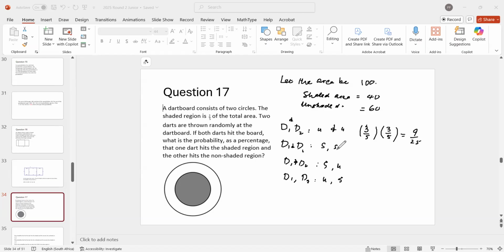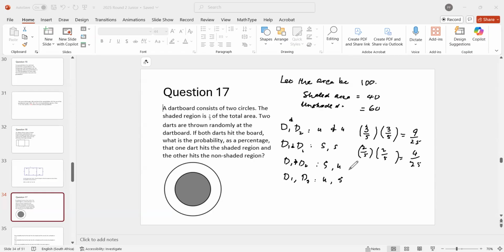All right. For the two shaded regions, it'll have to be 2/5. For the first dot to hit the shaded region, the probability is 2/5 of the time. And for the second dot to also hit there, the product will have to be the product of these two. So you've got 4 over 25.